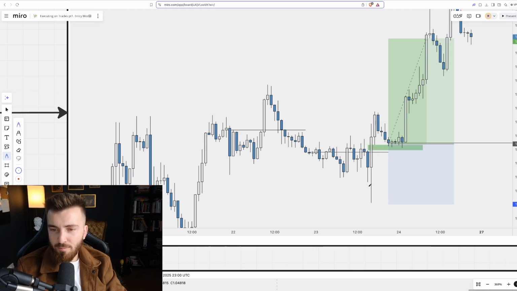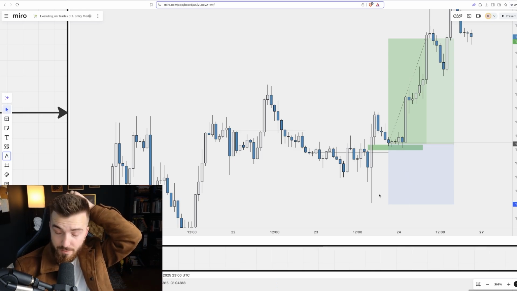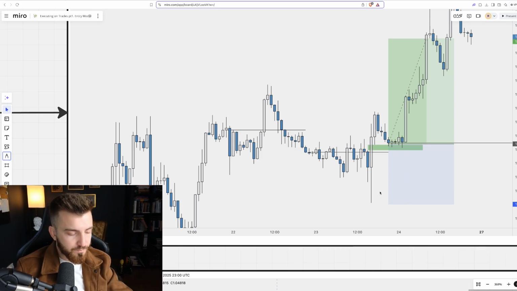You can have your stop loss, when you have this big of a liquidity sweep, a little bit smaller, but I want to give you examples of where we don't really care about risk to reward, right? This is still a 1 to 1.7. So, right, 1 to 1.7. There's still a great risk to reward. But I'm just saying that if you wanted to aim for that 1 to 2 for some reason, that you could, right?